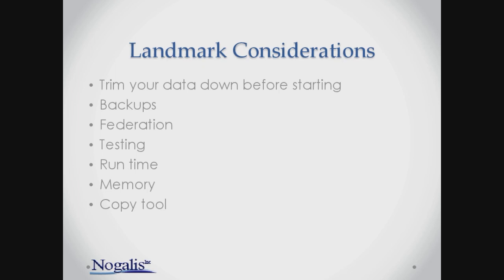So some things to consider when you're doing a Landmark data copy, or a Landmark application product line data copy, I should say, is one, you can consider trimming your data before you start. So things like work unit data and W effectivity and those tables can get quite large.